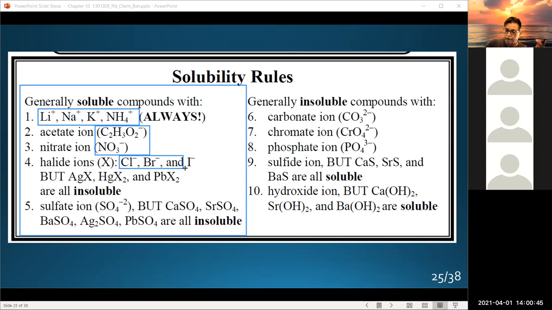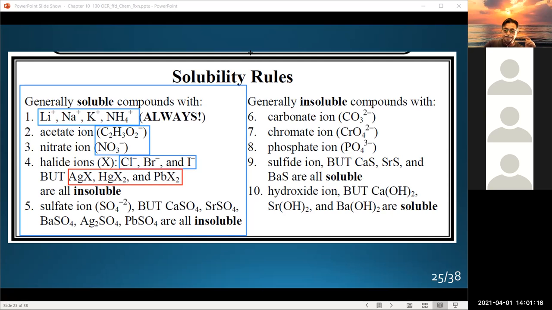Normally the chloride, the bromide, and iodide, when bonded to everything in the world, so to speak, are soluble except if they are bonded to silver, mercury, and lead. Those three examples: any of the halides, if bonded to lead, mercury, or silver, are insoluble. Everything else is soluble.